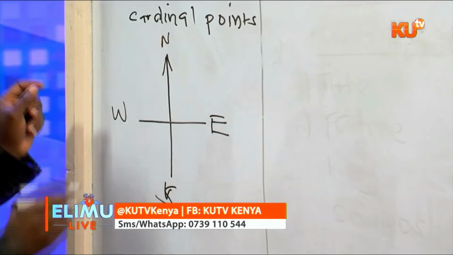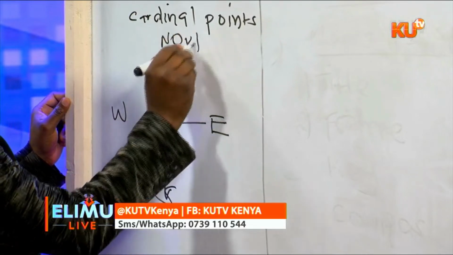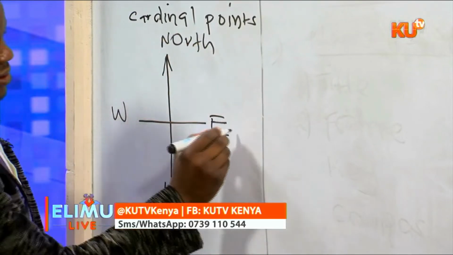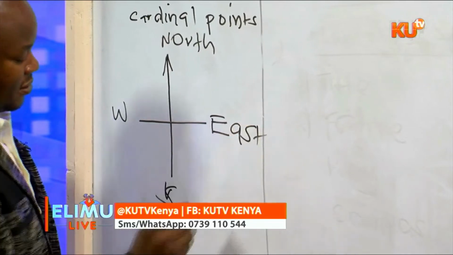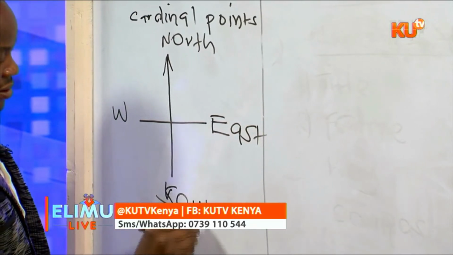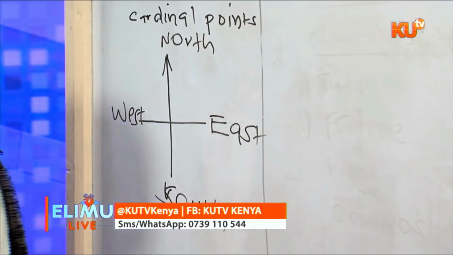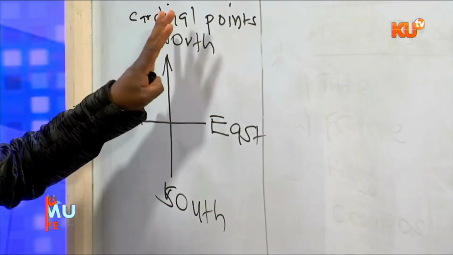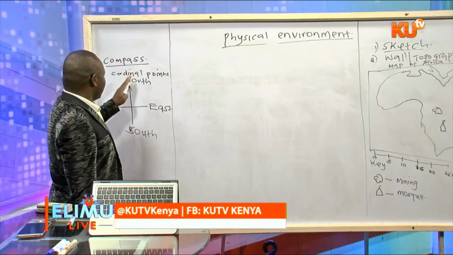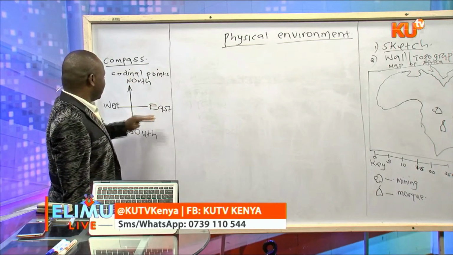That is north, east, south, west. That is the 4 main cardinal points: north, east, south, and west.